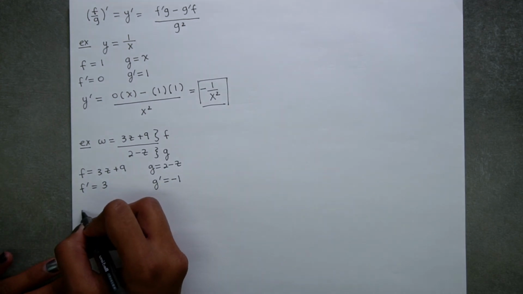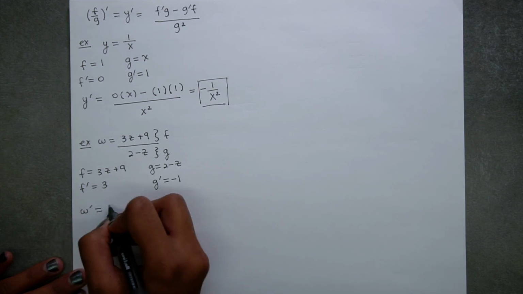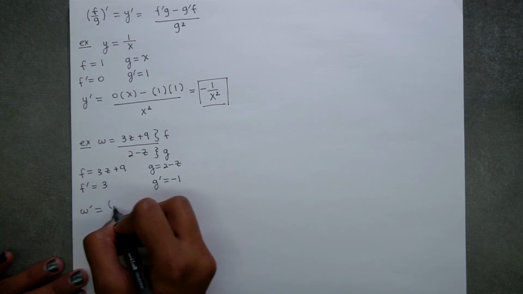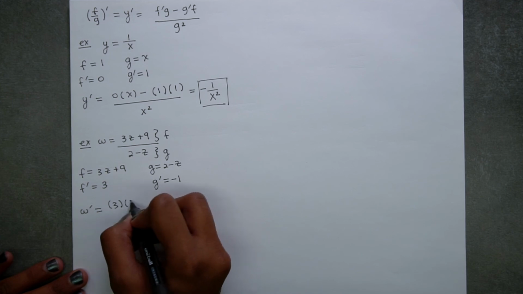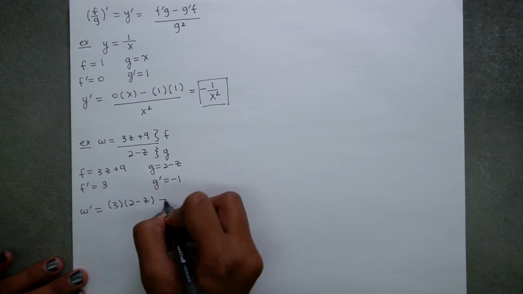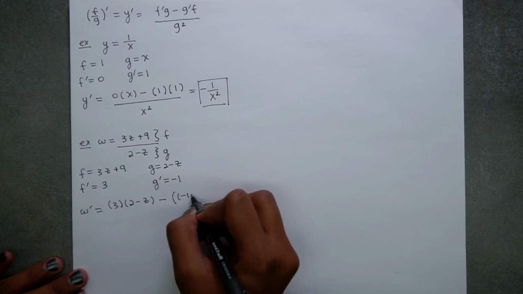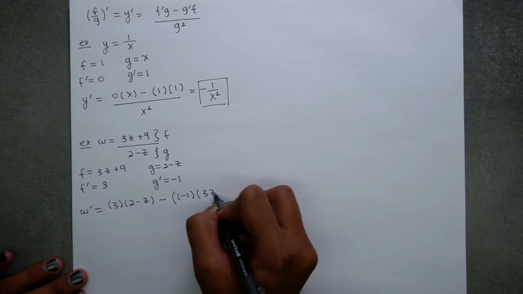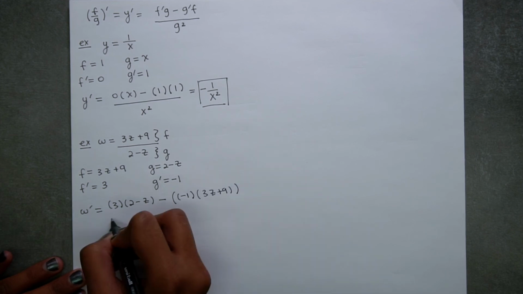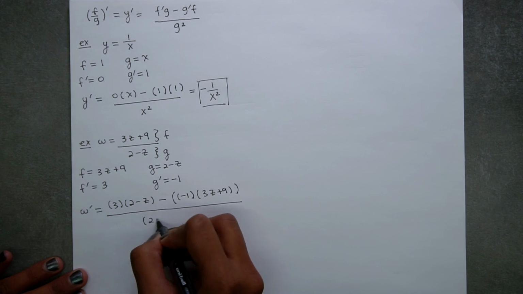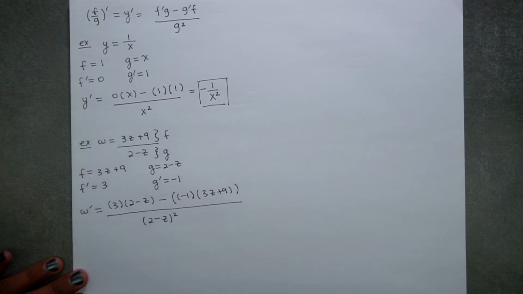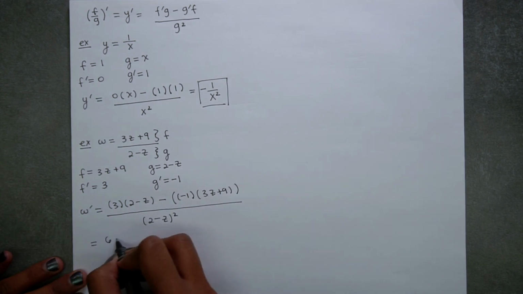And using the quotient rule, we get f prime, 3, times 2 minus z, minus g prime times f, all over 2 minus z squared. And then we can simplify.